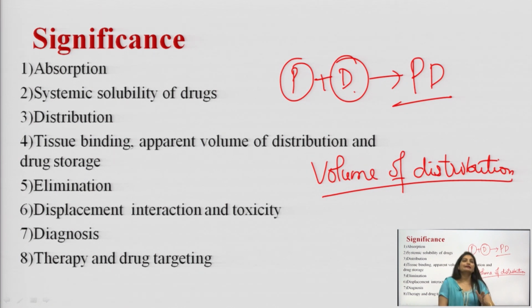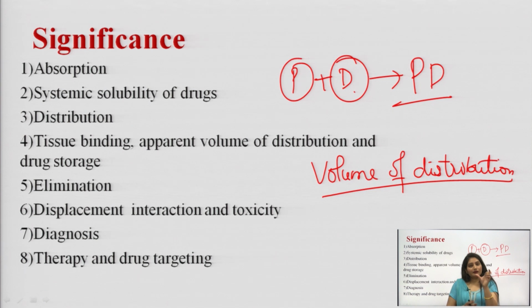The drug can displace the previous drug and bind to the protein molecule. Next is the diagnosis. This protein drug binding is also useful in case of diagnosis of various diseases. Next is the therapy and drug targeting. So, this protein drug binding also has significance in case of treatment and in case of drug targeting.